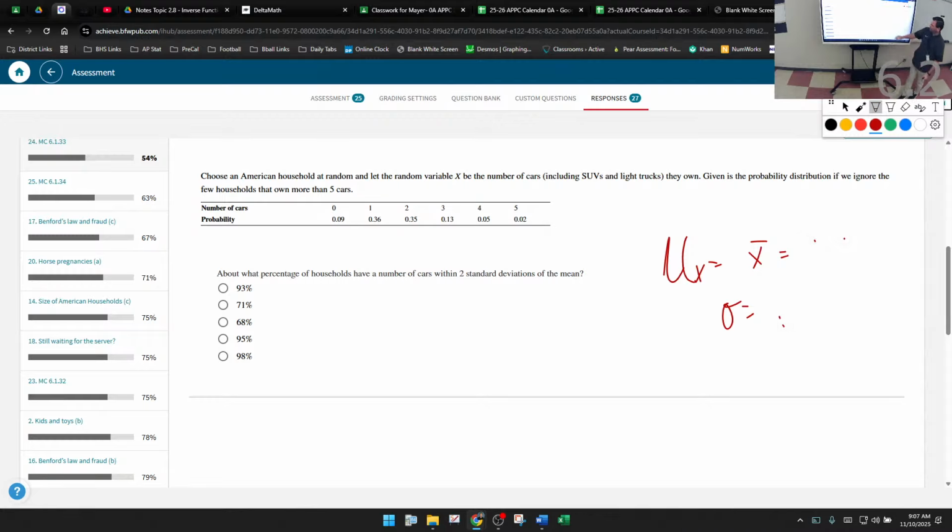And I think it was everything from 4. I'm going from memory, maybe it was 3 point something, and negative something, I think. Either way, you had to calculate the mean and the standard deviation, then add 2 of those to it, and subtract 2 of those from it, and then add those probabilities that are within that. Okay?